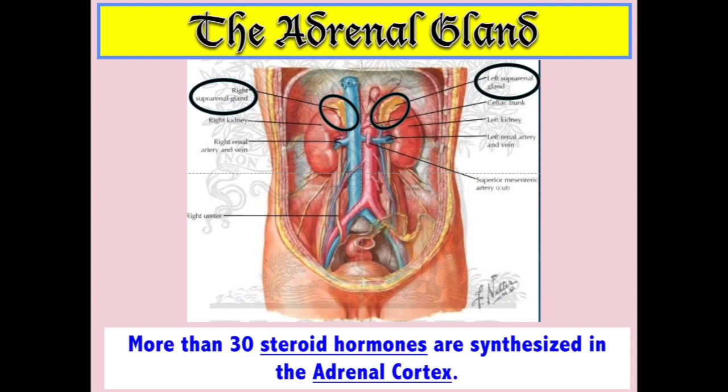Let's talk about the adrenal gland. You notice that there are more than 30 steroid hormones that are made in the cortex of the adrenal gland. The adrenal gland sits above each of the kidneys. So there's 2 adrenal glands sitting above. So it's adrenal, which is above or at the location of the kidneys.